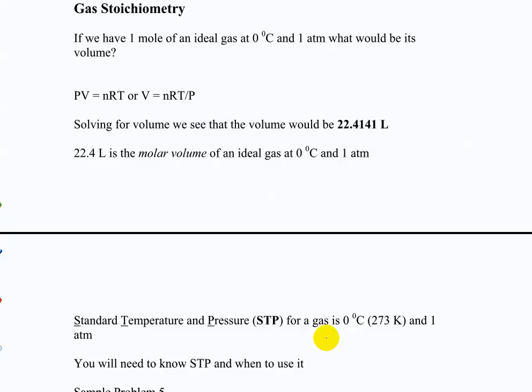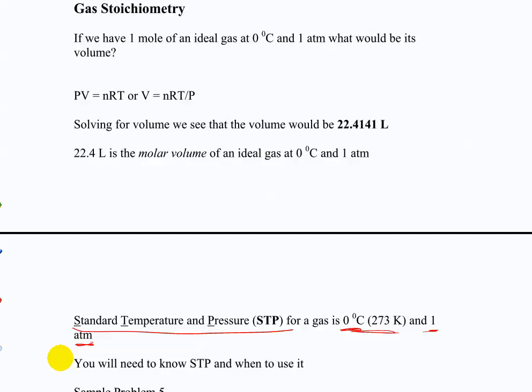And the only thing you need to know about those gases is that at standard temperature and pressure, which is 0 degrees C, or 273 K, and 1 atmosphere, pretty easy to remember, and you do need to know that. At those conditions, the molar volume of an ideal gas is 22.4 liters.